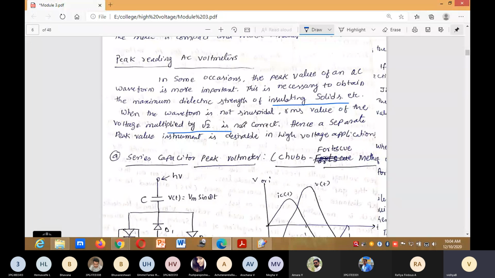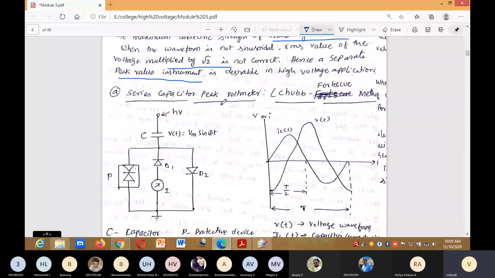For small voltage applications we can multiply by the square root of 2. For high voltage applications we need a peak value instrument. The series capacitor peak voltmeter is called the Chubb-Fortescue method.